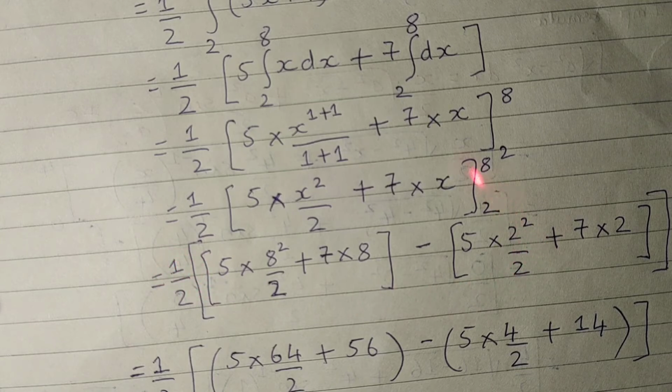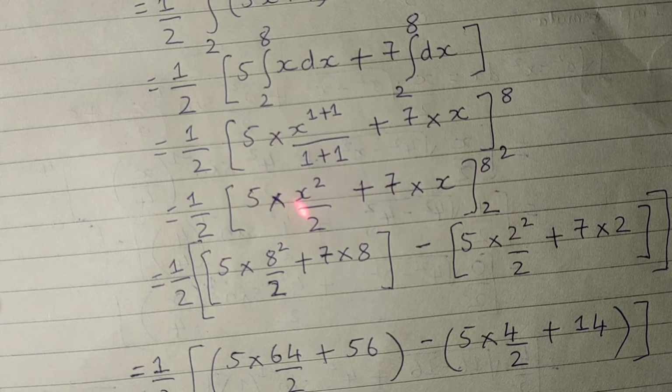What you need to do is put 8 and 2 in place of x: first the upper limit, then minus and put the lower limit instead of x. So half, bigger square bracket, smaller square bracket is there. Firstly we have to put the upper limit.